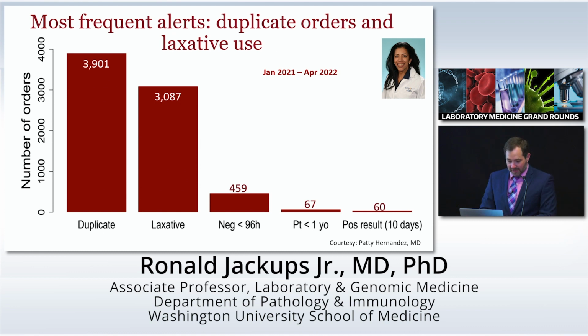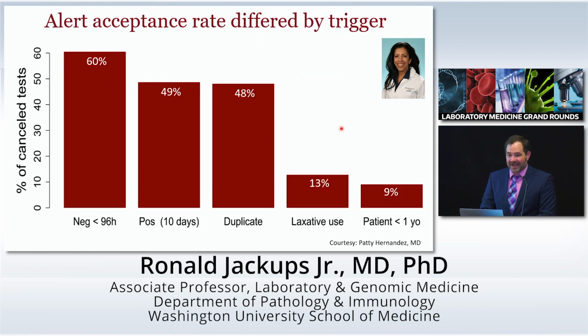However, people were going through it. We were triggering a lot of these alerts, particularly these kind of duplicate orders, and a shocking number of these alerts on patients on laxatives. You would think that patients on laxatives, I think you've explained their diarrhea, but that's just me. We were getting much different alert acceptance rates based on what the trigger was, which was also quite interesting.